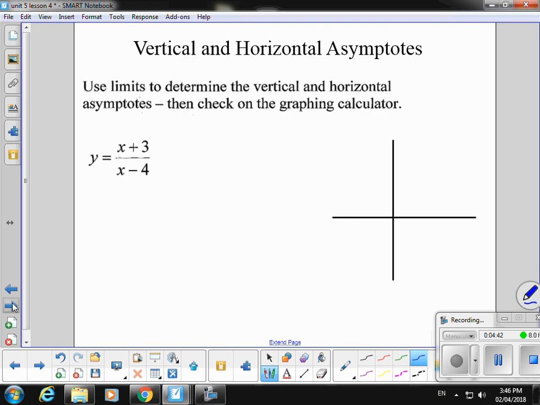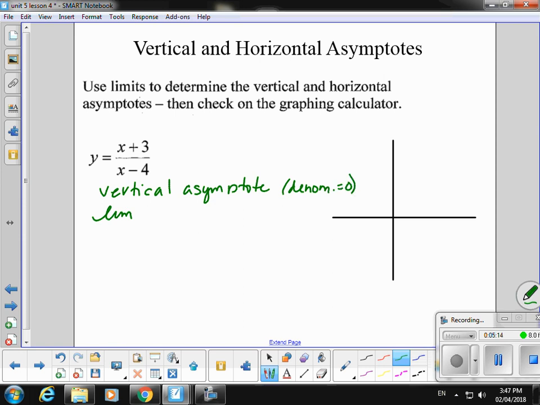Let's look at this one. So we're going to use our limits and our understanding of asymptotes. For the first one, if we're looking for a vertical asymptote, we know we're looking at 4 because we're looking for places where the denominator is 0.